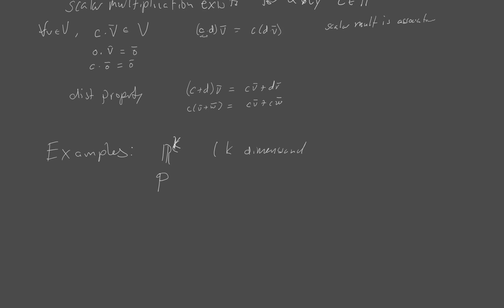We'll get a little scripty P, and it'll be the set of the sum from i equals 0 to n of a_i x^i, where n is in the naturals including 0, and a_i is in the reals. So that set of all polynomials with real coefficients is countable dimensional. It's infinite dimensional but countable.